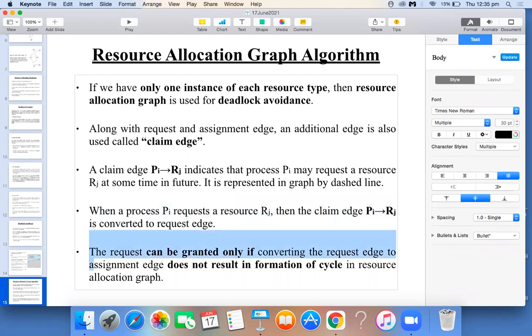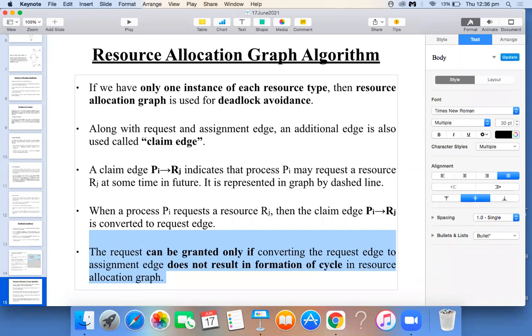Last point is what? A request can be granted when? Only if converting the request edge to an assignment edge does not result in a cycle formation in your graph. Suppose you have made a request for a resource. Now if we assign the requested resource and a cycle formation happens in our graph, what does a cycle formation in the resource allocation graph indicate? Our system is in a deadlock state. Cycle formation should not happen.